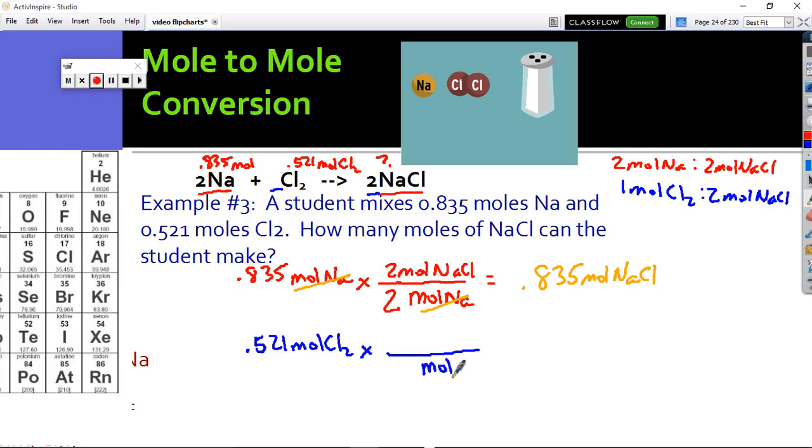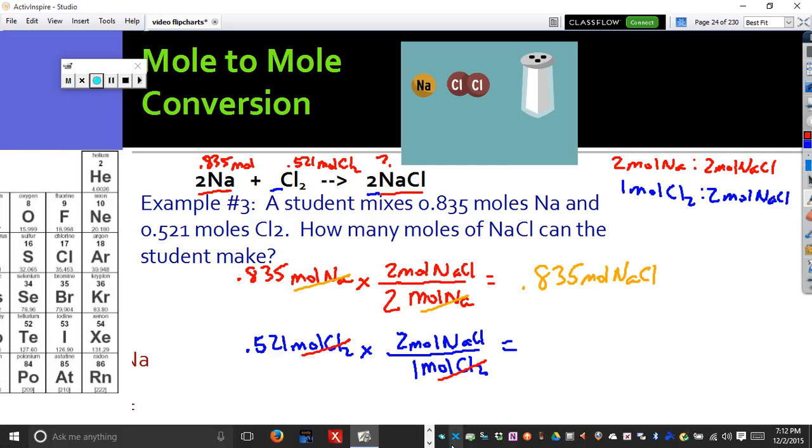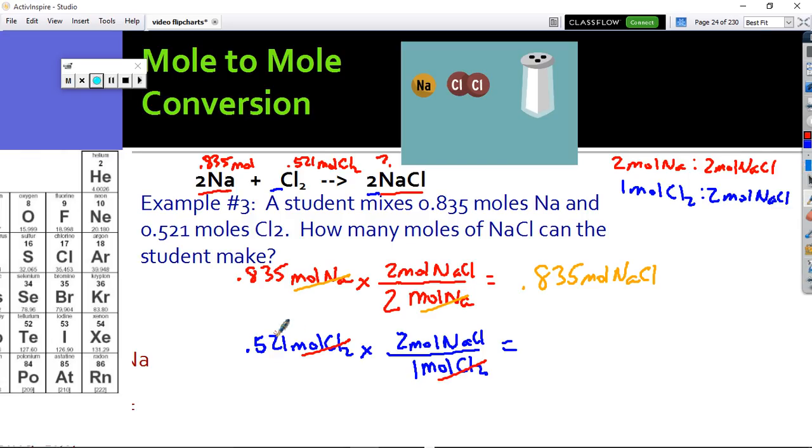In front of the moles of chlorine is 1. The rest of the conversion factor, 2 moles of NaCl, goes on the top. Now, before I use my calculator, I want to see what can cancel. Moles of chlorine is exactly the same unit on the top and the bottom. That cancels. So 0.521 times 2 divided by 1 gets me 1.042 moles of sodium chloride.